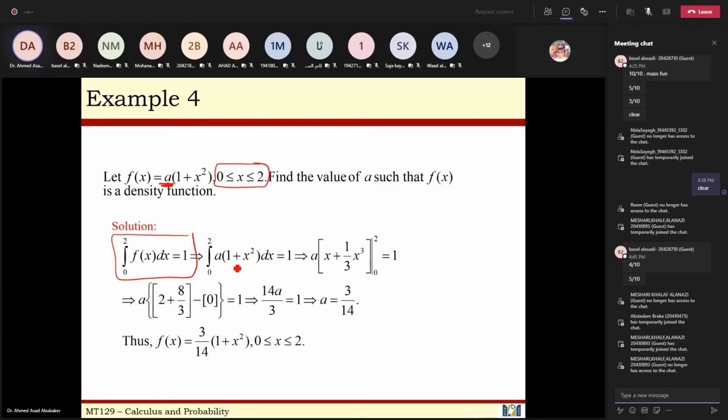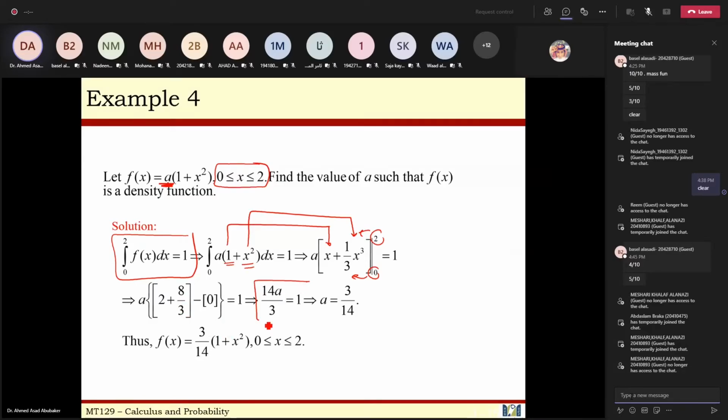Now find the integral before substituting. The integral of 1 equals what? x. The integral of x squared equals x to the power 3 over 3. Now substitute 2, substitute 0. Substituting 2 gives 2 plus 8 over 3, minus 0.